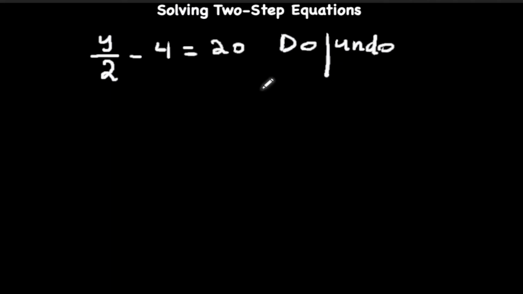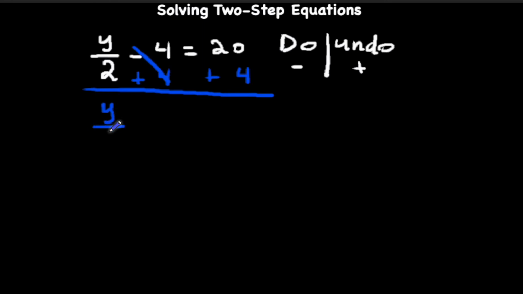All right, so currently, if you take a look, we are subtracting 4 and we need to add 4. So let's add 4 to both sides. Minus 4 plus 4 cancels out. We're left with y divided by 2 is equal to 20 plus 4, which is 24.